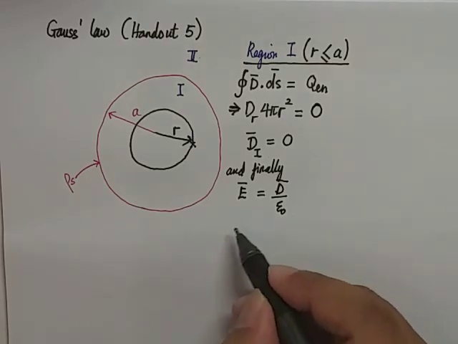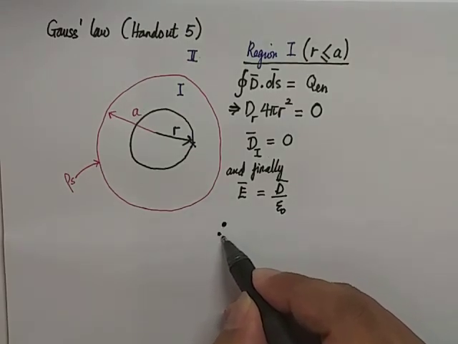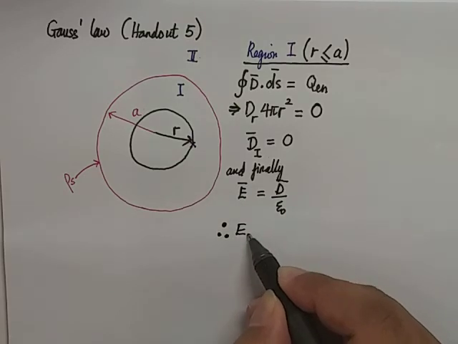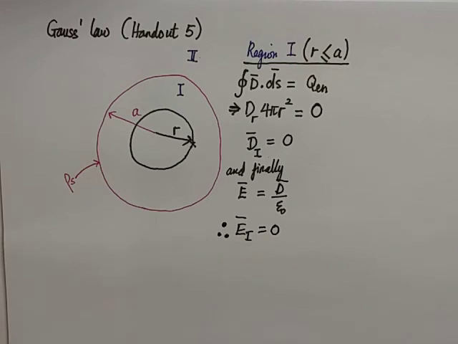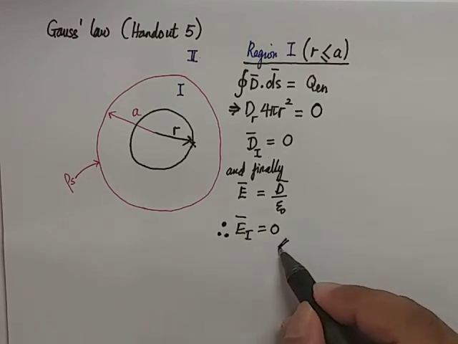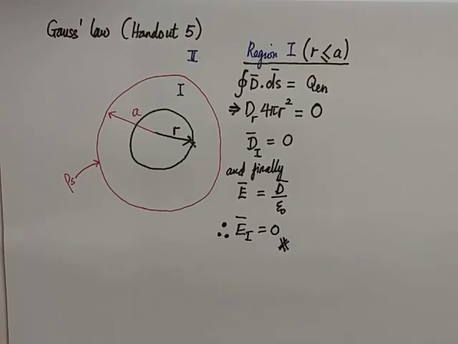So E number 1 will also be equal to 0. Okay, that should be our electric field intensity in region number 1.